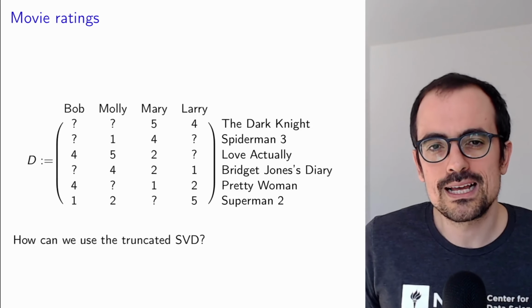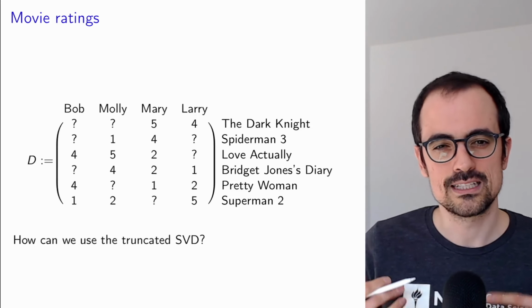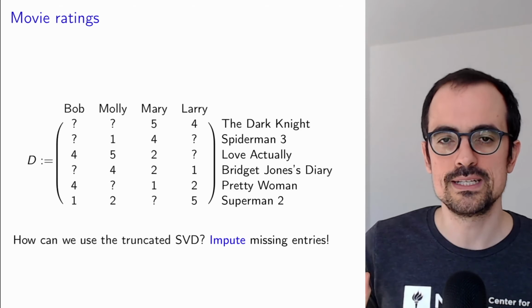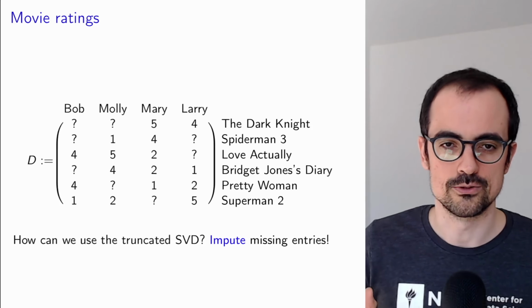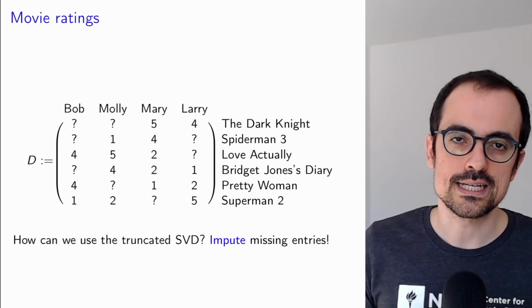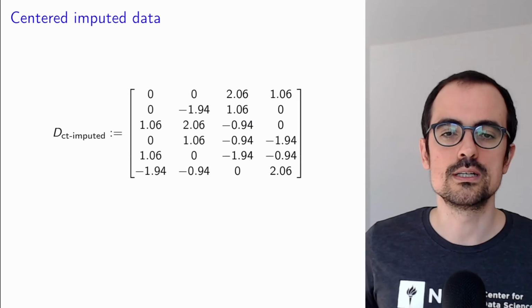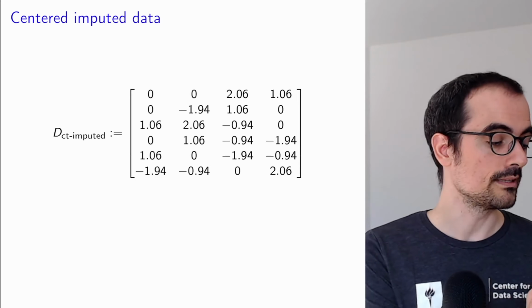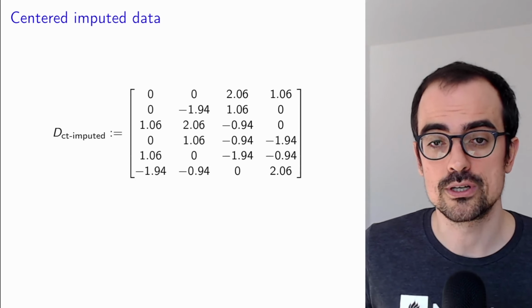Well, we could apply the truncated SVD kind of naively to a matrix where we have just imputed the missing entries with some reasonable values. Let's see what I mean by that. First, we're going to center all the ratings by removing the observed mean.